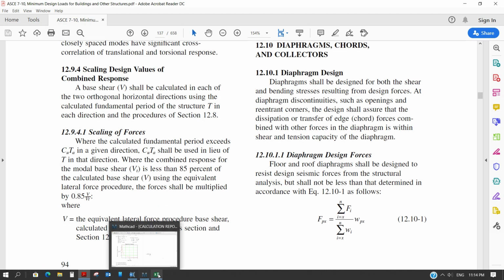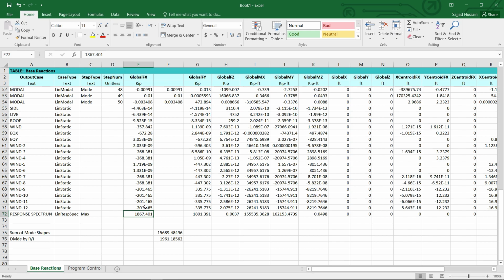What is that over here? The equivalent lateral force gives us a base shear of 672 in x direction, and in y direction again 672. These two values.